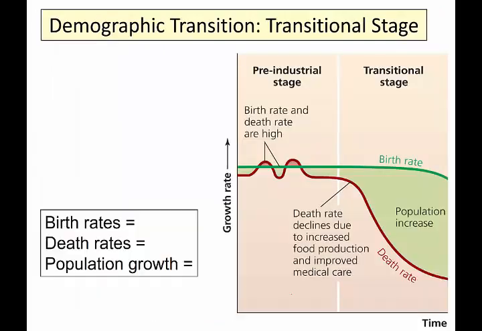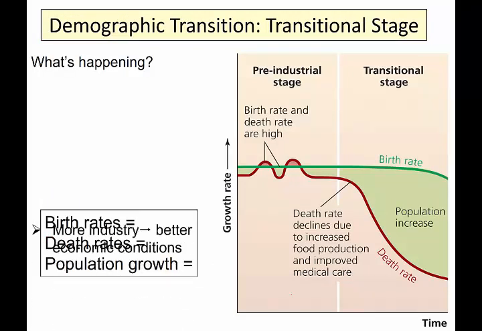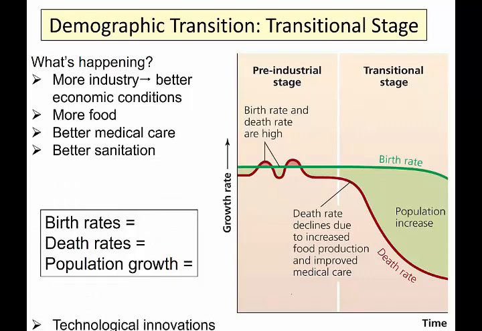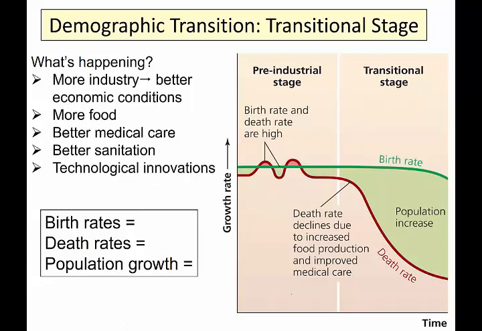The second stage is called the transitional stage. What's happening here is that there is more industry and better economic conditions. That means people have more food, they have better medical care, better sanitation, and technology has come along, which brings a lot of benefits with it in itself.